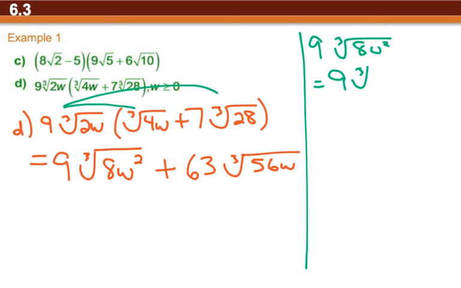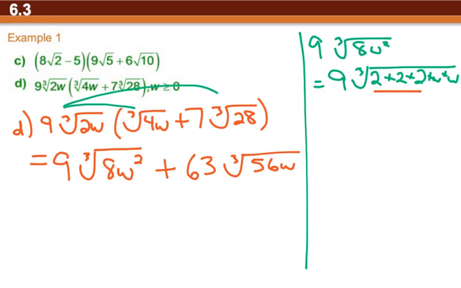Break down the 8, it's divisible by 2, 2 times 4, and that 4 is 2 times 2 itself. And the w squared gives us 2 w's. Apologize for having to squish that in. Things to take out, we need a group of 3 because we have a 3 as the index.